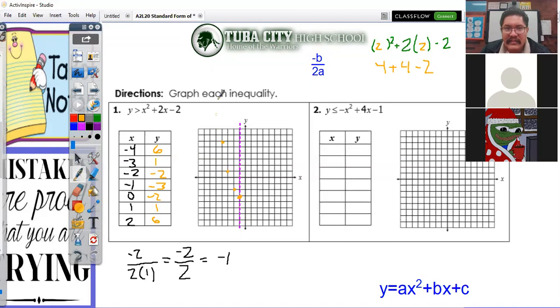And the next one would be 7, 9, and so on. So it goes by odd numbers. So 1, 3, 5, 7. And that's one way you can kind of tell if your parabola is not the right shape.